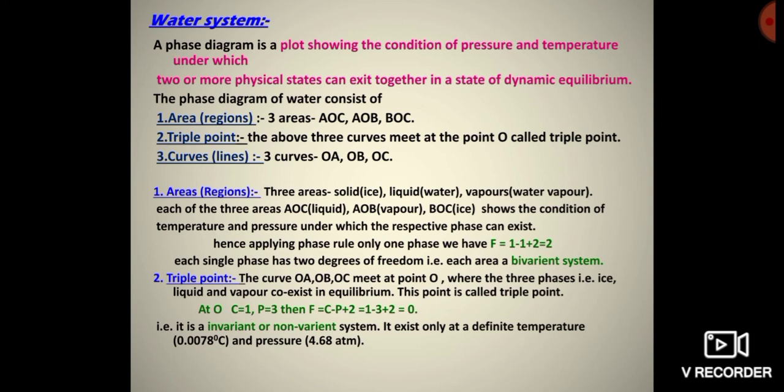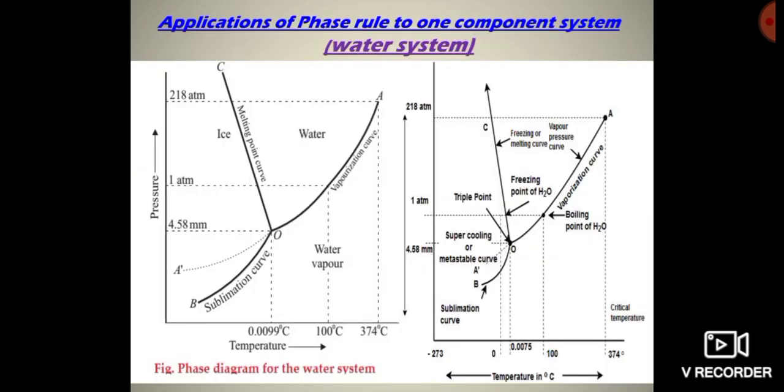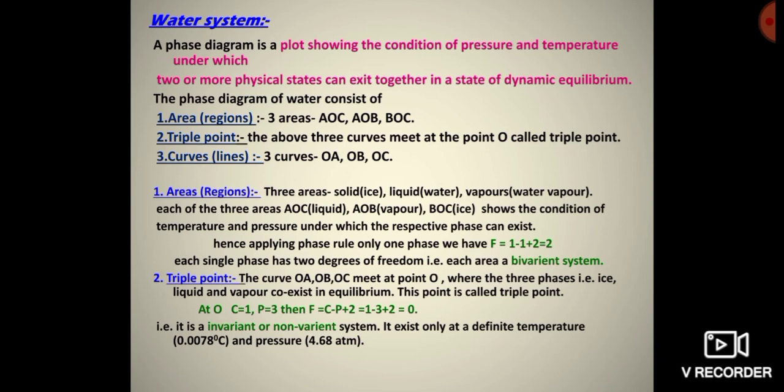So second point, triple point. The curves OA, OB, and OC meet at O. That point we call the triple point, where the three phases, ice, liquid, and vapor, coexist in equilibrium. At O, the component is 1, only one component, that is H2O. The phases are three: one solid, one liquid, one gaseous.